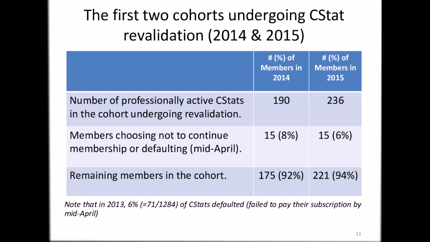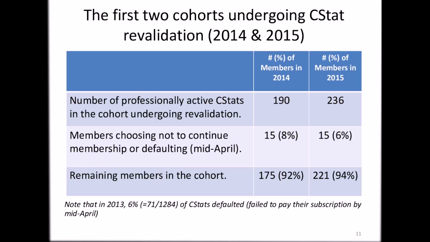So on slide 11, you will see the number of professionally active chartered statisticians in the first and second cohorts undergoing revalidation in 2014 and 2015. Note that for now, we are discussing the processes undertaken by those not also holding the Chartered Scientist Award, and I'll mention the Chartered Scientist in a later slide.